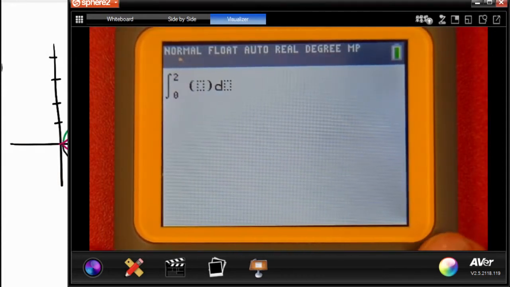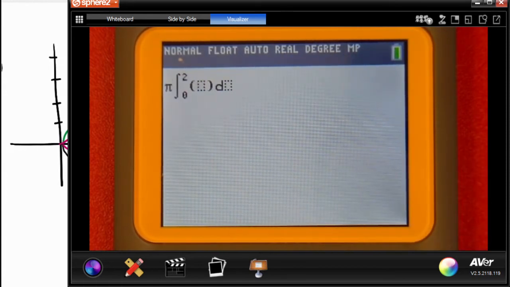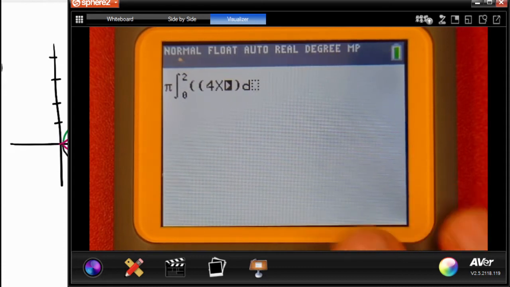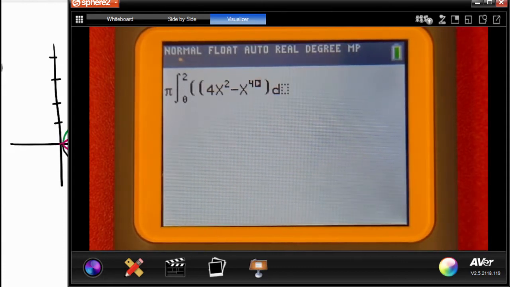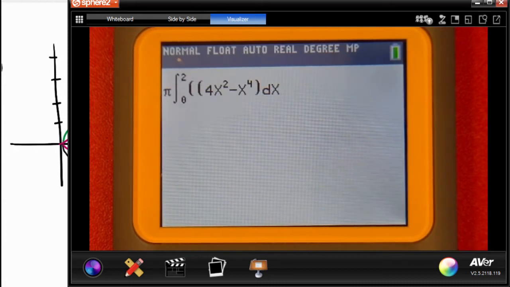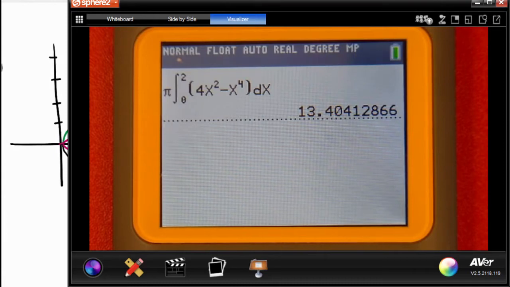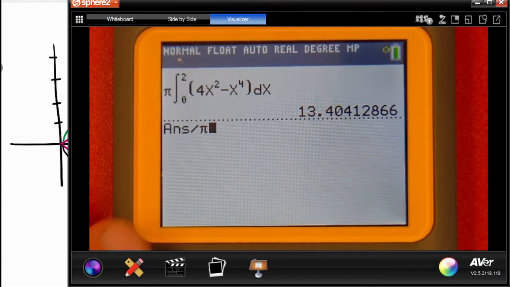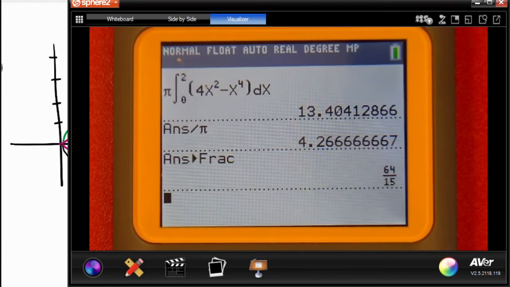Oh, we're going to put a pi in front of this thing too. And we're going to carefully type in parentheses 4x squared minus x to the 4th dx. Just like that. And this should give us something we can work with, 13.404 or something. Usually if you divide the pi out and ignore it, it's a pretty decent fraction. Looks like it's 64 pi over 15.